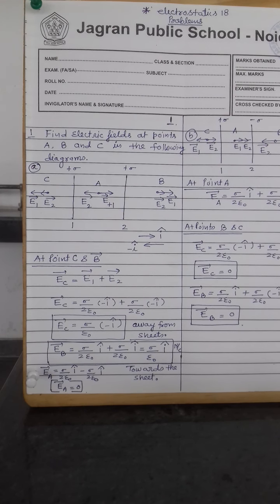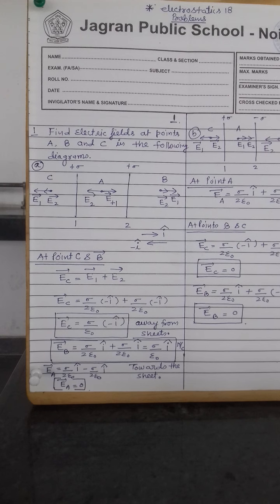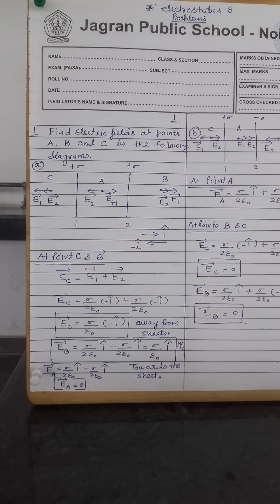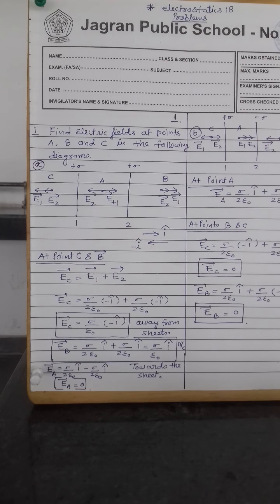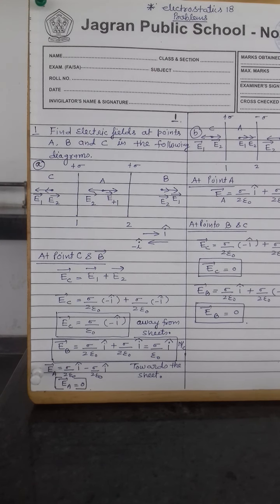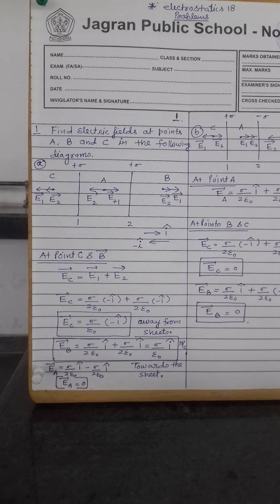So first of all, go through the problem very carefully. You have two metallic plates, plate 1 and plate 2. Plate 1 is positively charged as well as plate 2 is also positively charged. Okay.